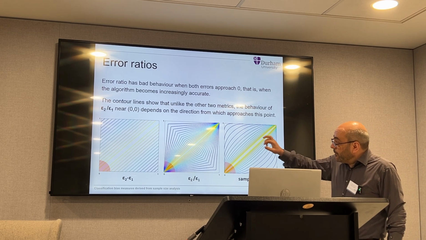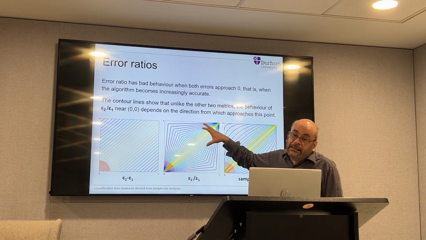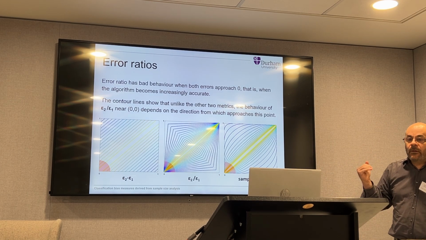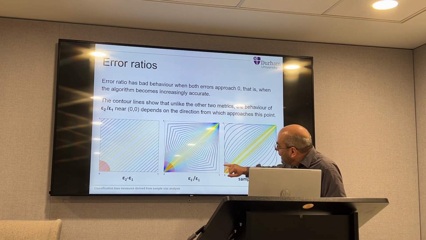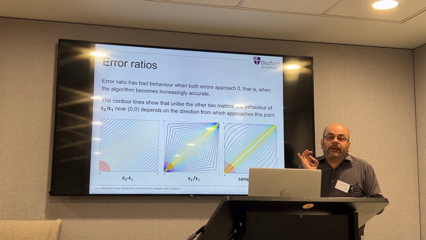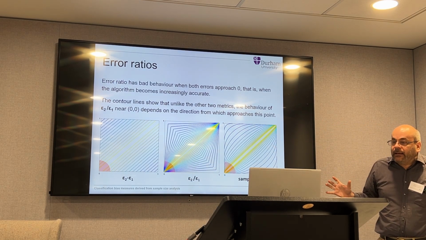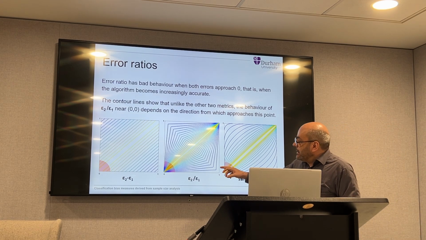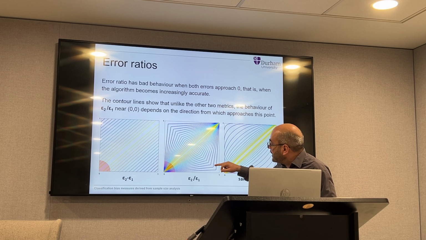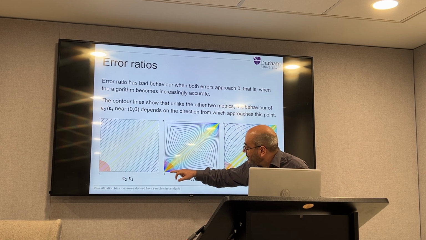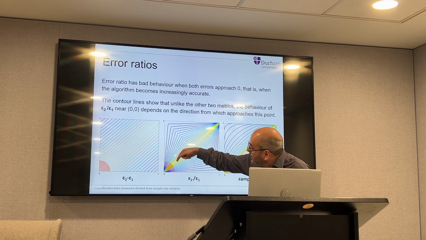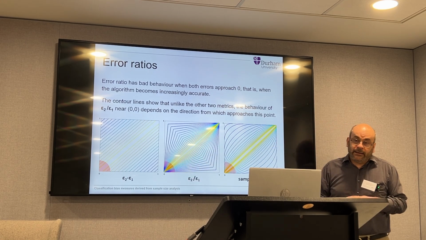And the problem with the ratios, which I think shouldn't be used when we go towards more accurate algorithms, is that as we go here to 0, 0, to the accurate algorithm that doesn't make any error at all, there is a singularity. It depends on the way I approach it. If I approach 0, 0 this way, I have high bias. If I approach it this way, I have low bias.